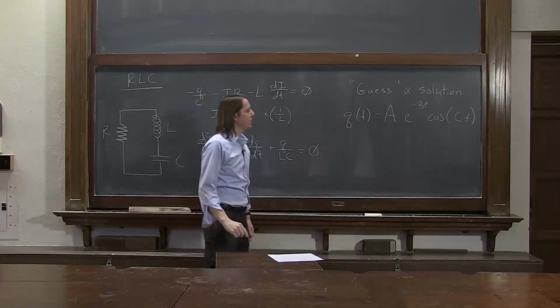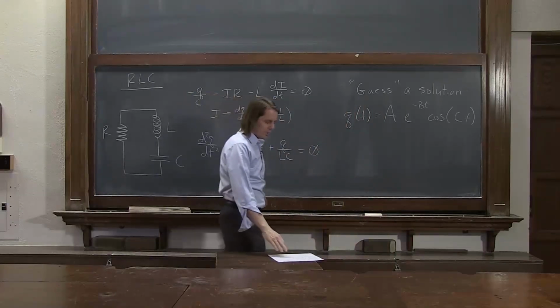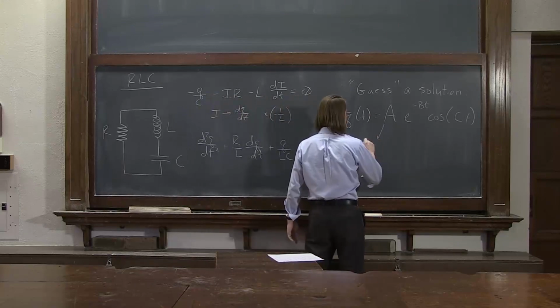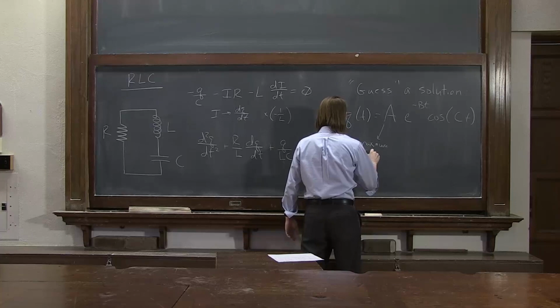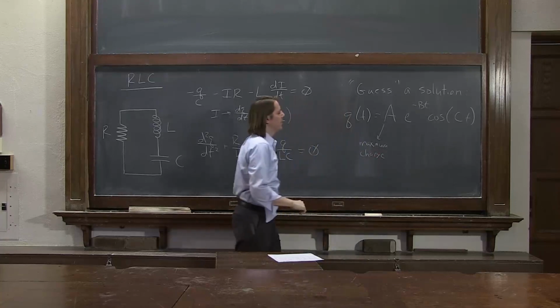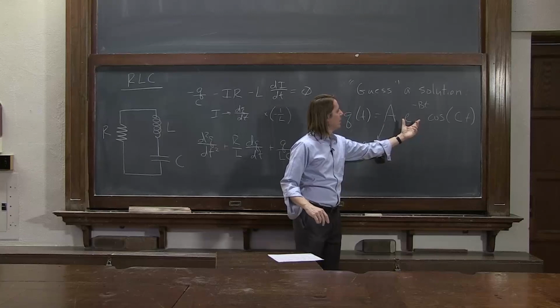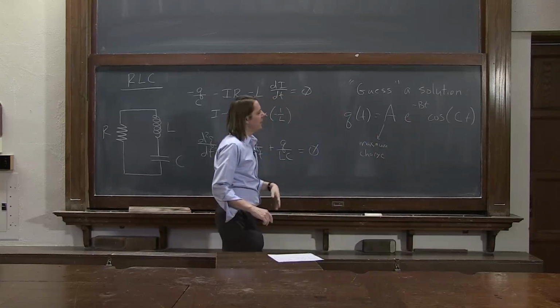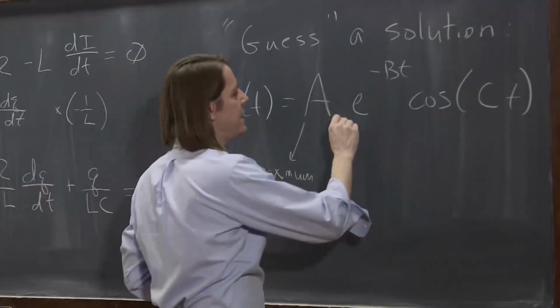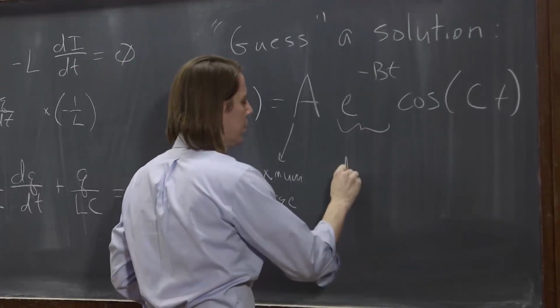So we made a general guess with 3 parameters, where A is, you can tell, some maximum charge. And bt represents the damping.